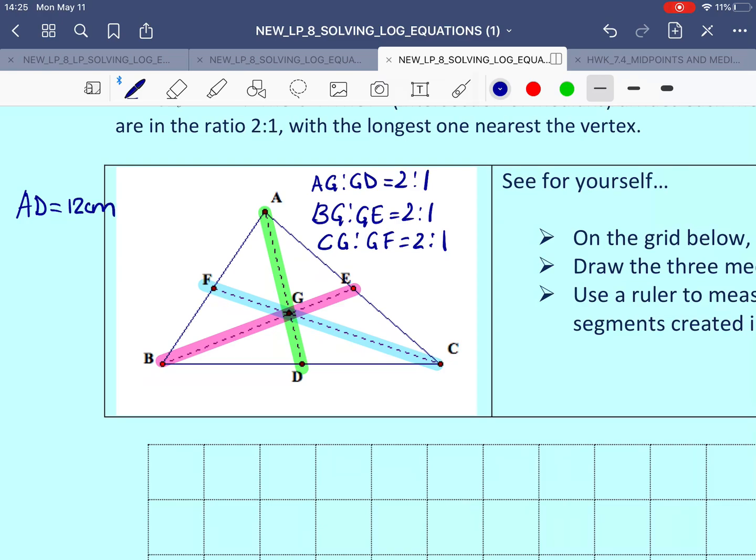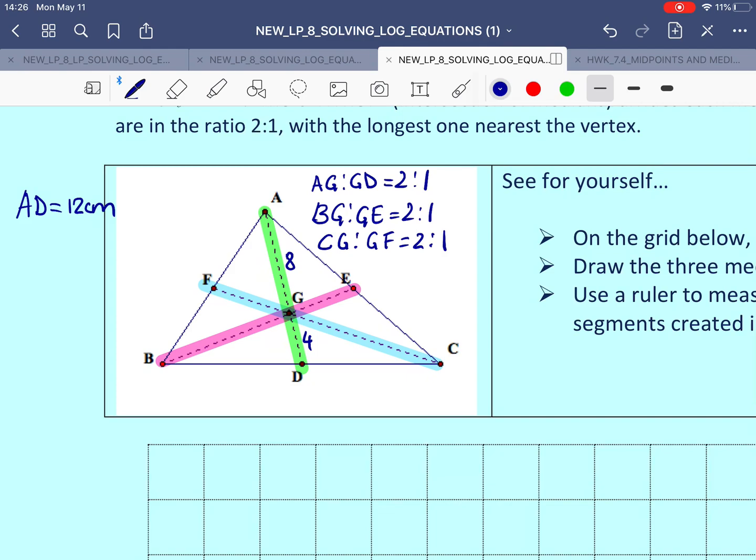If AD is 12 centimeters, that means AG will be 2/3 of it and GD will be 1/3 of it. So in other words, AG will be 2/3 of 12, which is 8, and GD will be 1/3 of 12, which makes it 4.